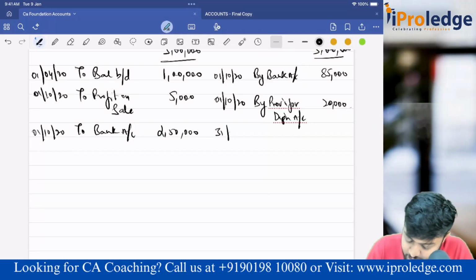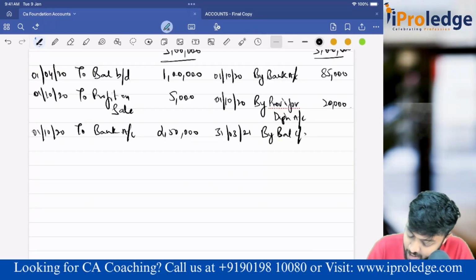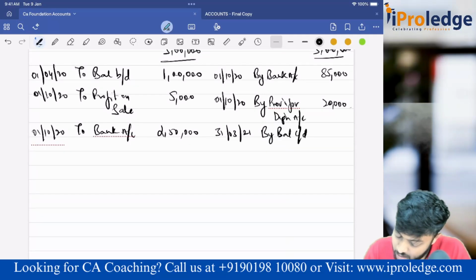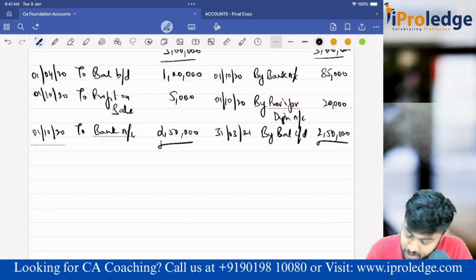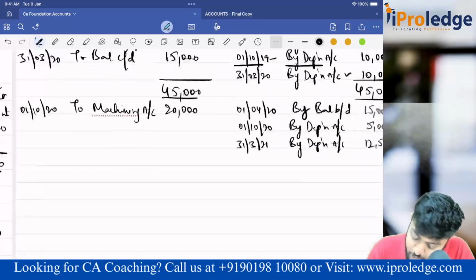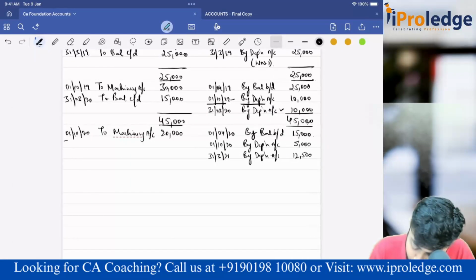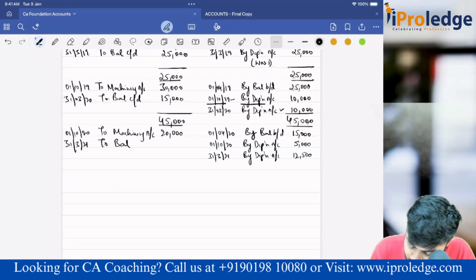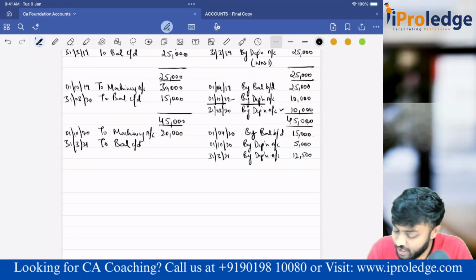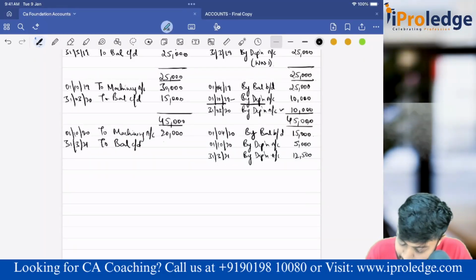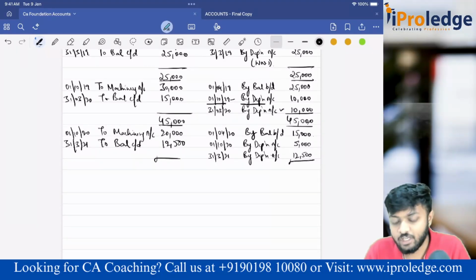Okay, now let's balance it. 31/3/21, by balance carried down, it should be 2,50,000. So this account is closed. If you come to provision for depreciation, balance it. To balance carried down, the balance carried down is 12,500. So you are done with this also.